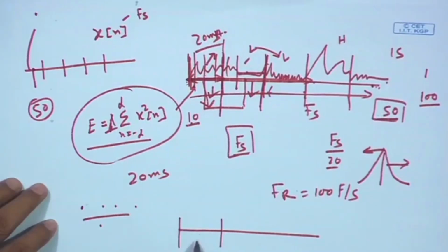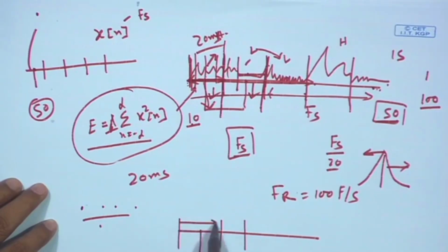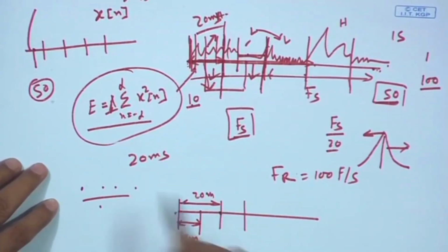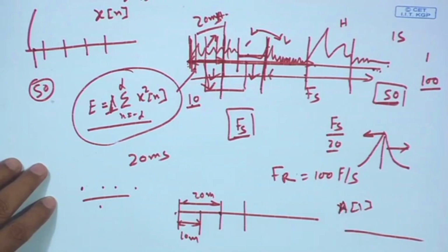Now, slide the window. Effectively, I am windowing the signal with an overlap method. So, this is the window length, let us say 20 millisecond, and this is the frame shift, 10 millisecond. So, from 0 to 20 millisecond I take the signal, process it, and find the parameter vector, let us say vector A1.